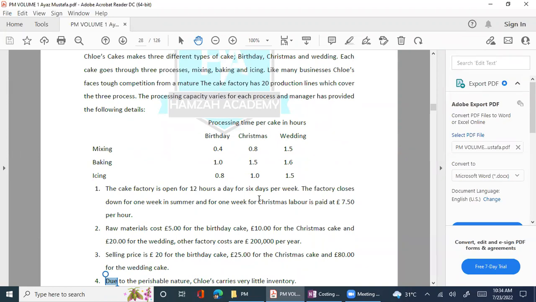C cakes make 3 different types of cake: birthday, Christmas, and wedding. Each cake goes through 3 processes: mixing, baking, and icing. Whenever there are 3 processes, we need to concentrate on the sequence, which process will be first, second, and third, because there might be 2 departments with lower capacity.